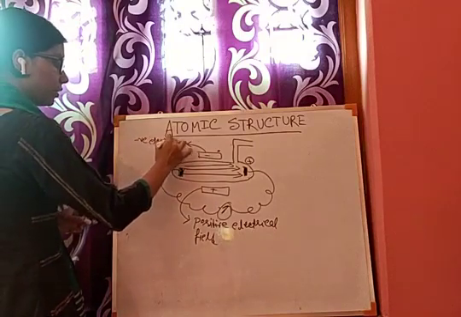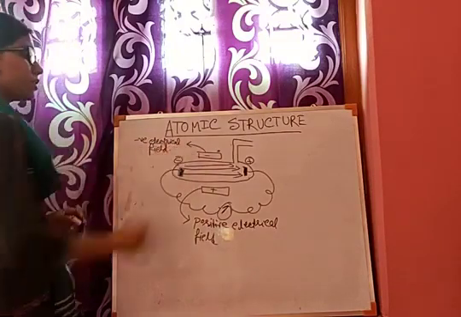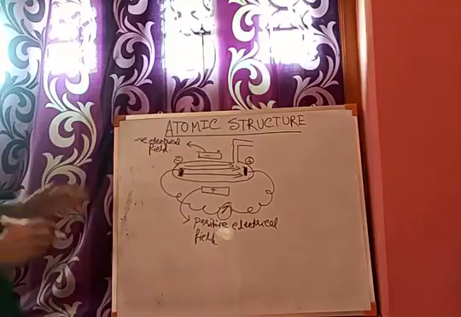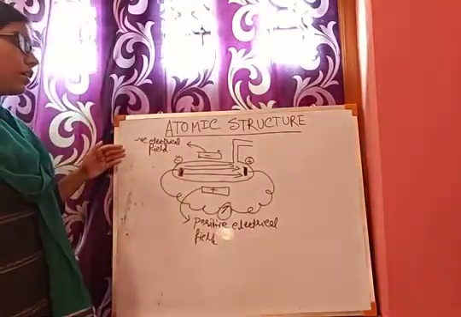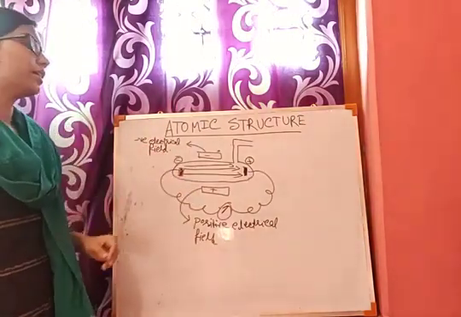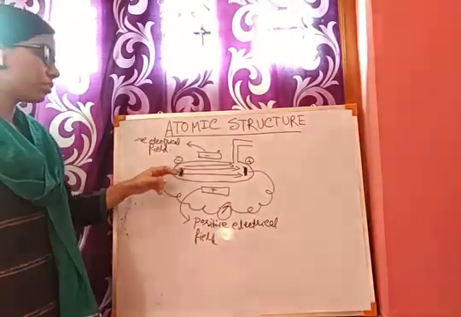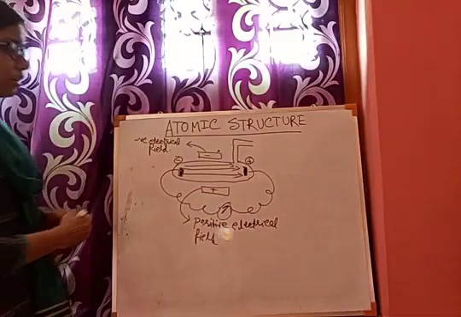When this electrical field is applied, it is seen that the rays that were going in a straight line, which is the characteristic of cathode rays that they travel in a straight line, are now bending towards the positively charged electrical field.